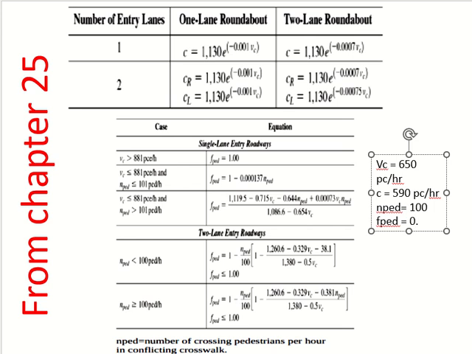Zero point... Okay, so my capacity after adjustment means you multiply capacity with 0.99. How much is that? 584. Clear? Okay, any questions?